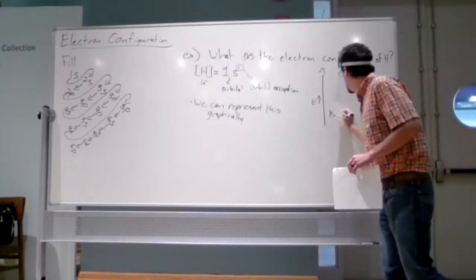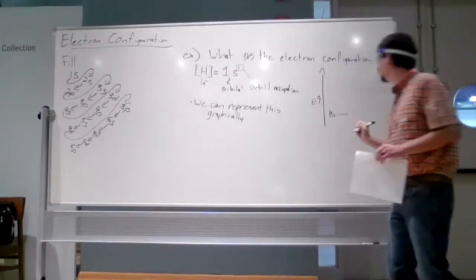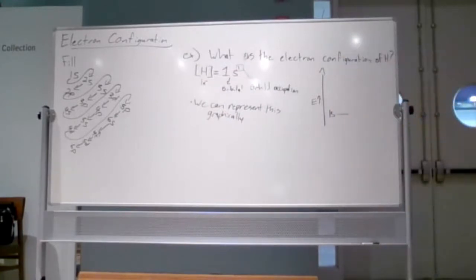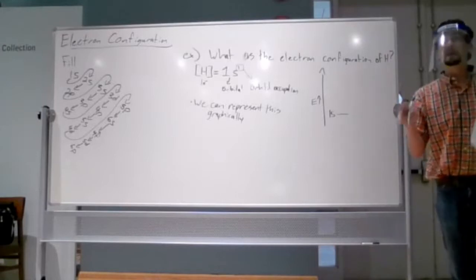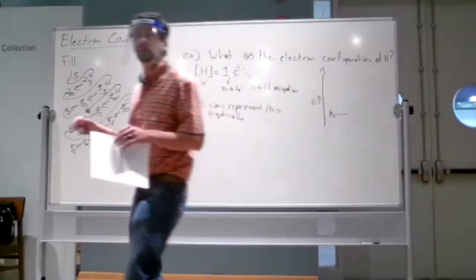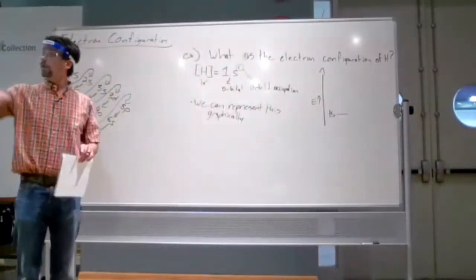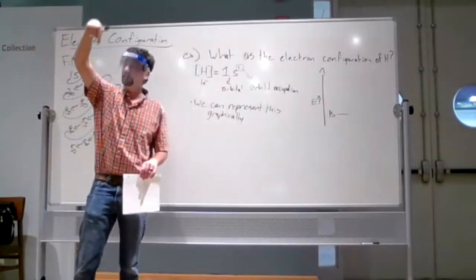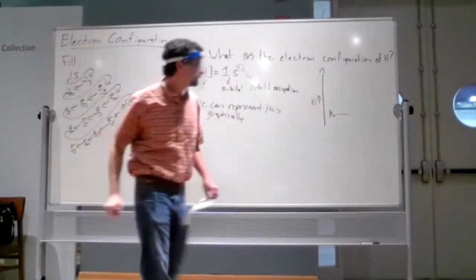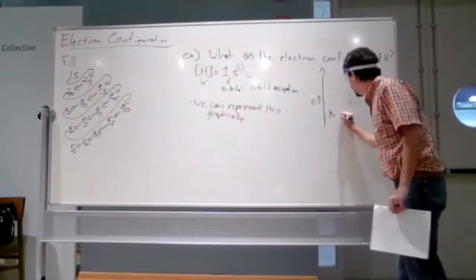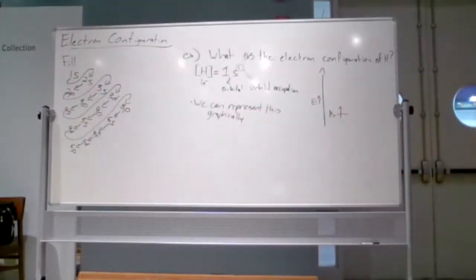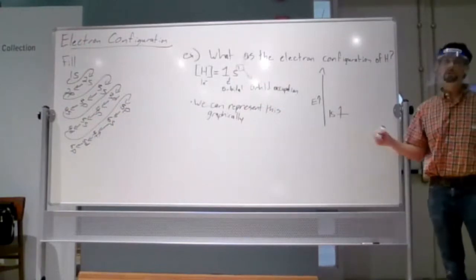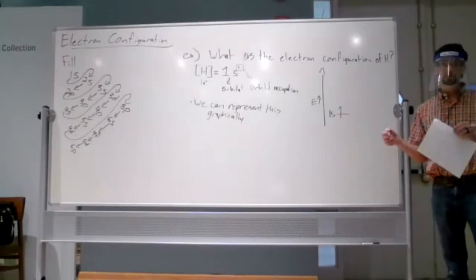We show that orbital with a line, and then we indicate its occupation. How many electrons can each orbital hold? It can hold 2, one with positive 1/2 for the ms, and negative 1/2 for the other. So we indicate that 1s is occupied with 1 electron. It doesn't matter if it's spin up or spin down, but there is 1 electron in there. Everybody get this idea?